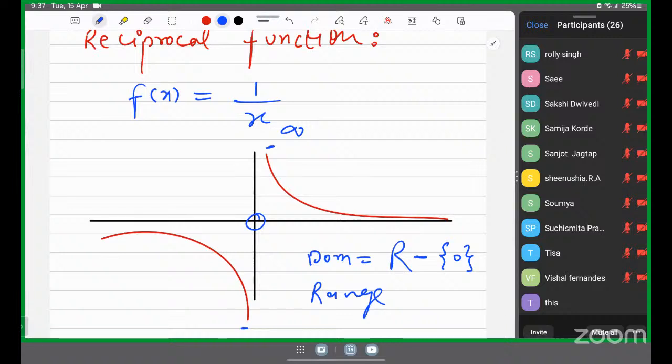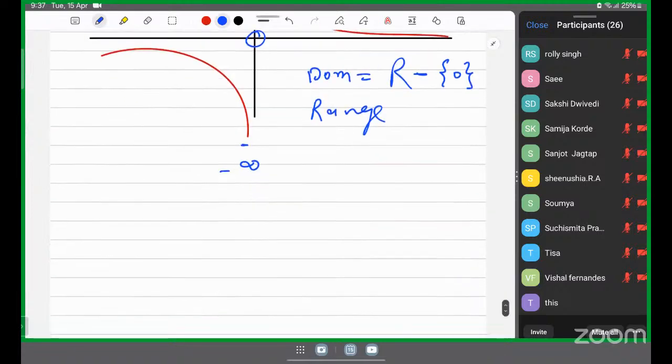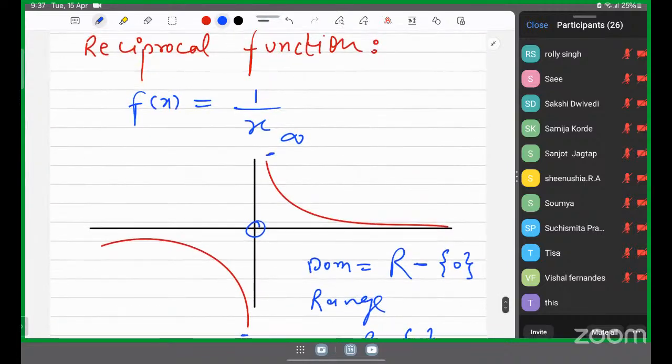Whatever value you want to substitute, it is never going to be 0. It will tend to 0, but it will not be exactly 0. So its range will be all real numbers except 0. Understood? So in this type of function, the core point for domain is that the denominator should not be 0.